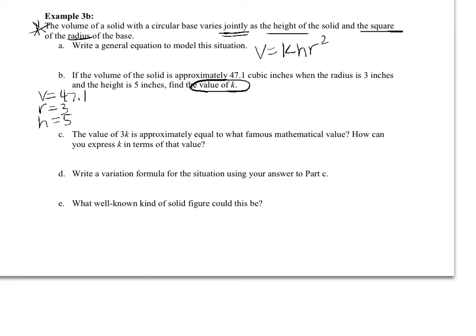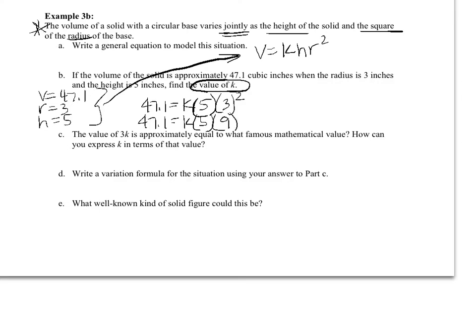So we're going to plug all of this in for that equation. We can say 47.1 equals k times height times radius, and we have to square the radius. Let's clean it up: k times 5 times that radius, 3 squared, is 9.